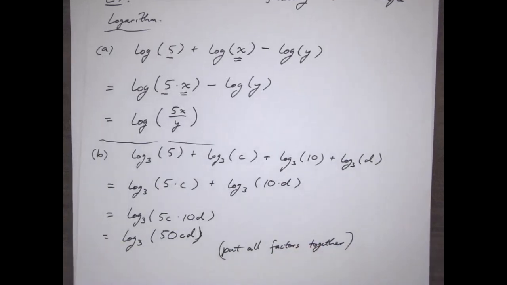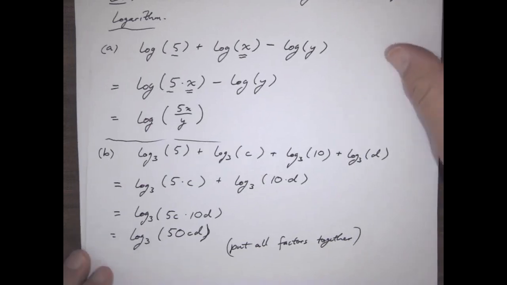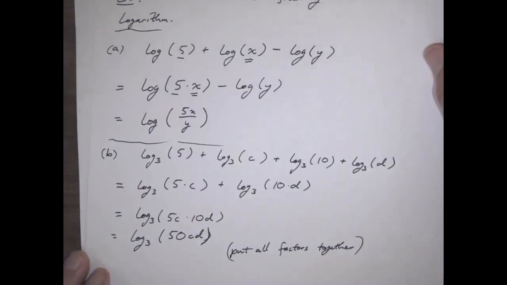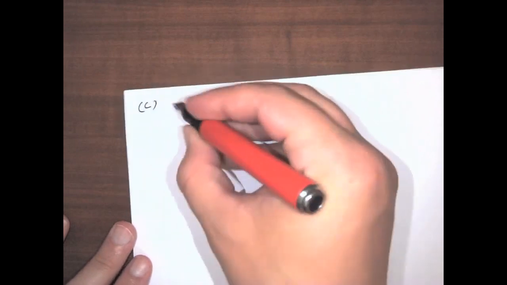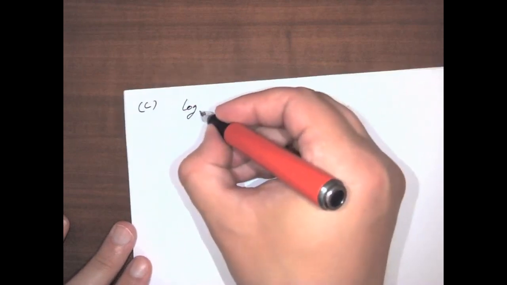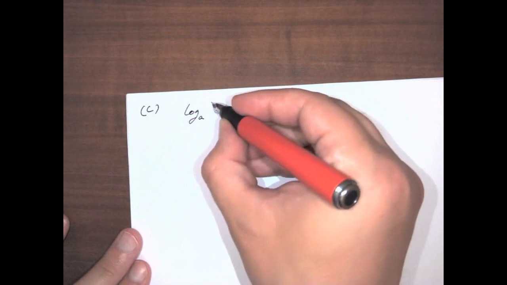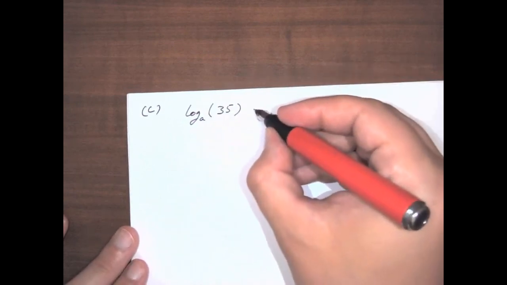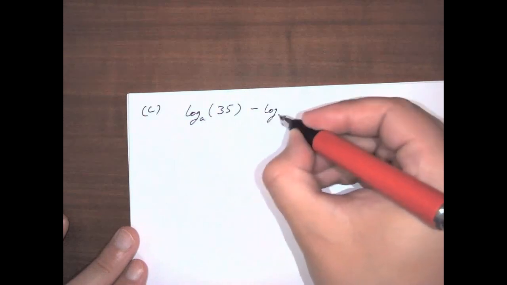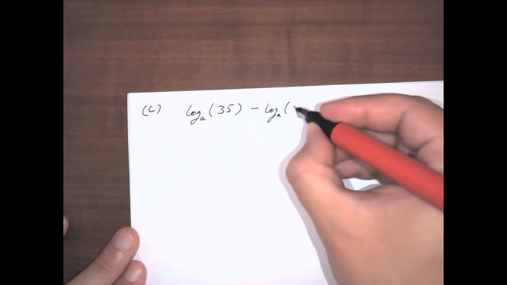Okay, so there's that. Now, another thing we could do would be something like this. Let's say we had the log base A of 35 minus the log base A of 5.